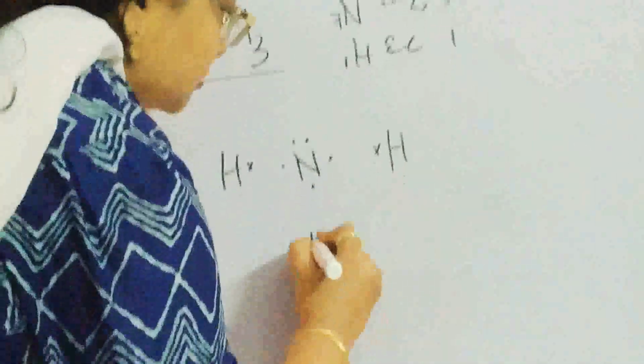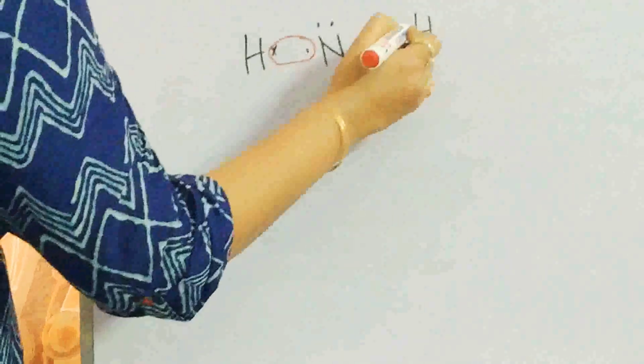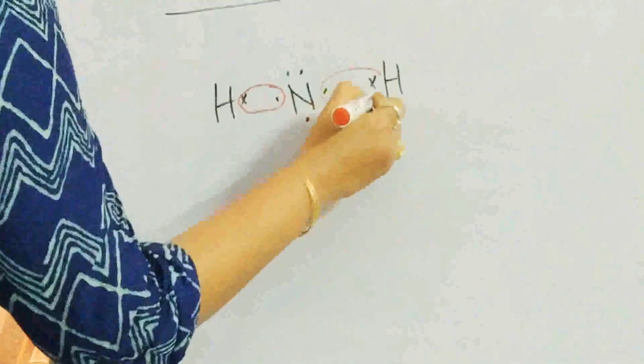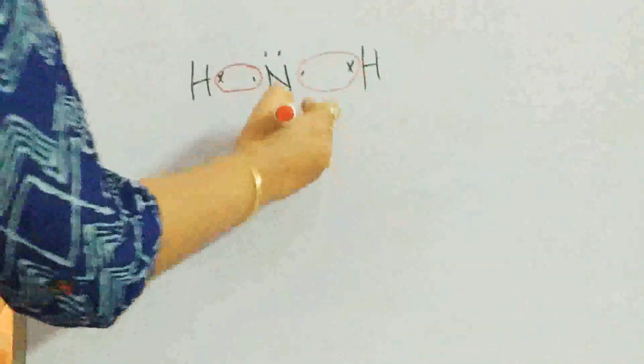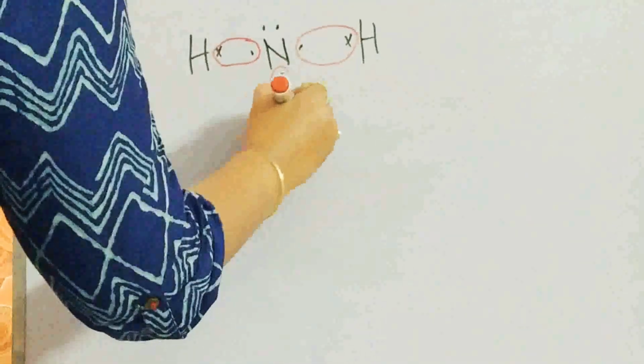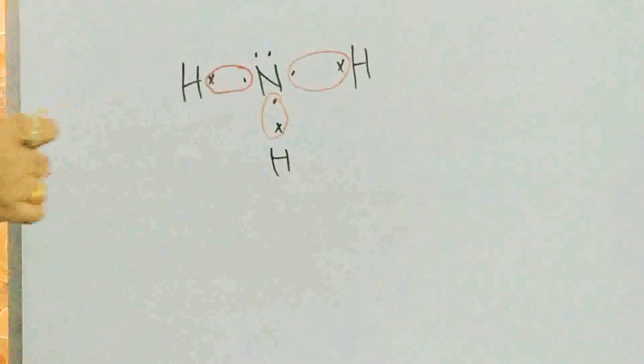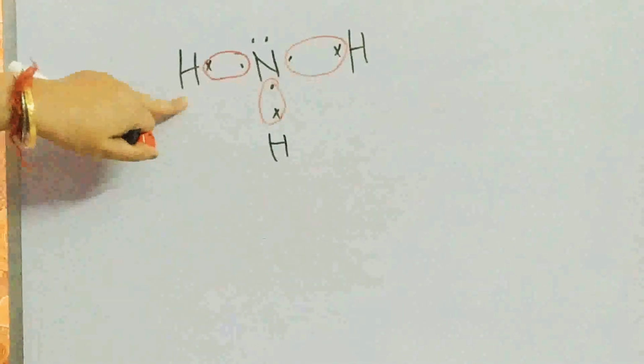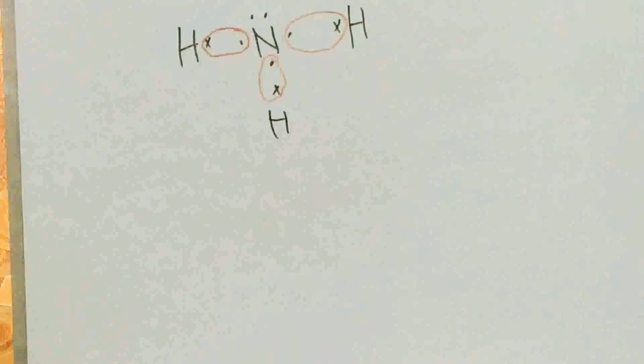Now how do the 3 hydrogen atoms and 1 nitrogen atom form the bond? These two electrons are shared between this hydrogen and this nitrogen, and likewise between each of the other hydrogens and nitrogen.